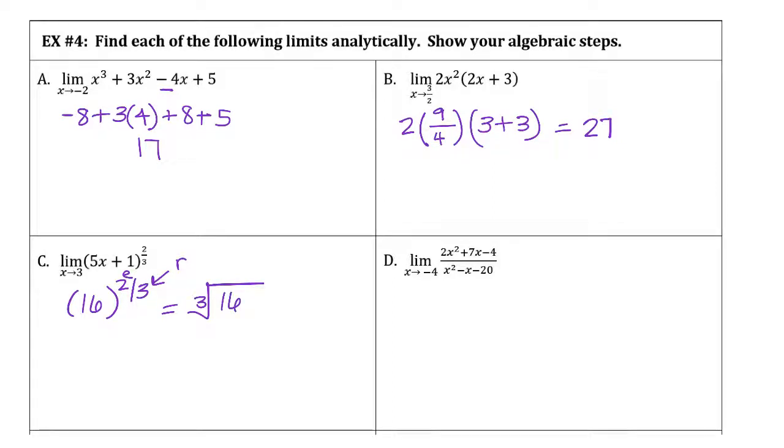And then we need that all squared. And a lot of times on the exam, you will see it either just left 16 to the 2/3 or written this way. And that's simplified enough. Now, if you really feel froggy about it, it does end up being 4 times the cube root of 4, but that's not necessary. You're more than welcome to leave it one of the first two ways.